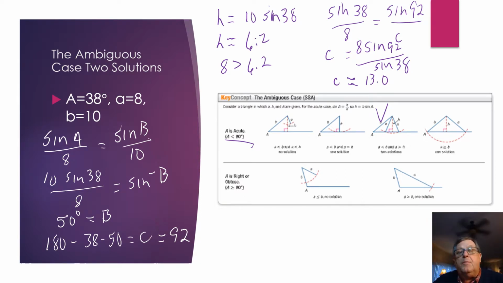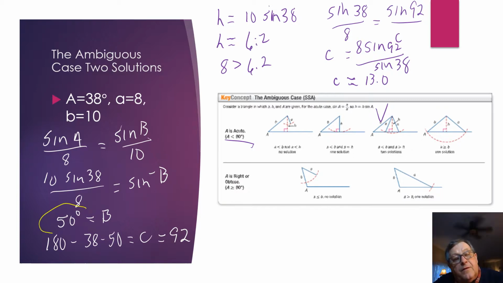But what if angle B happens to be obtuse? Well, if it's obtuse, we can take 180 less 50.